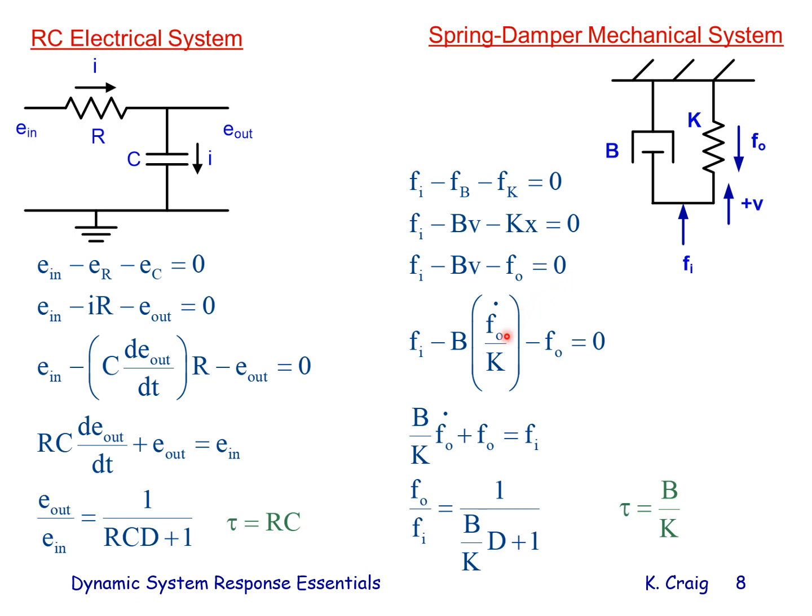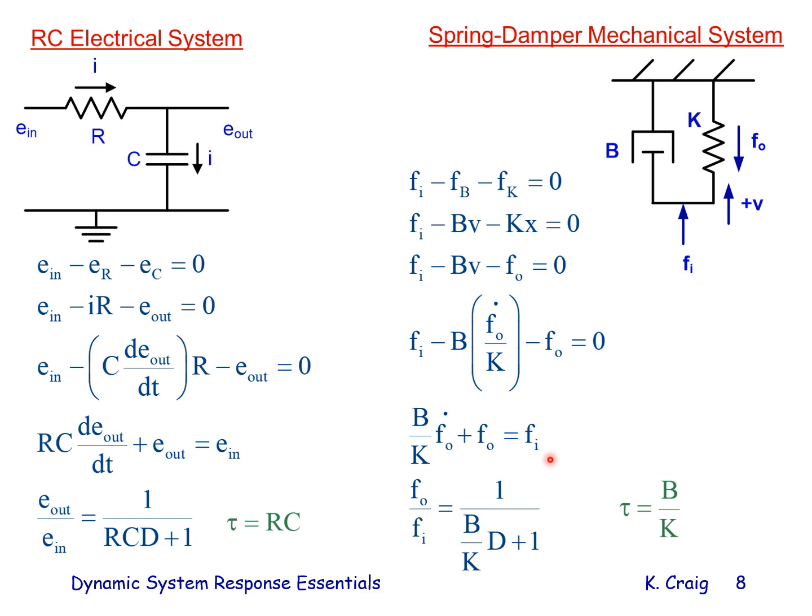So velocity is F out dot divided by K, which I substitute in here. So F in minus B times velocity, which is F out dot divided by K, minus F out equals 0. Rearrange terms. And I note that I have a first order ordinary differential equation with constant coefficients.